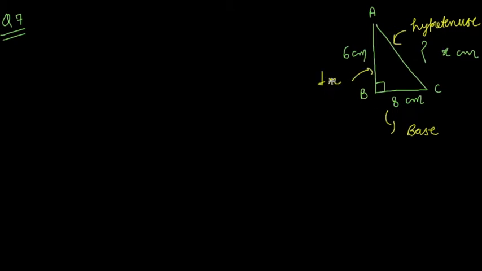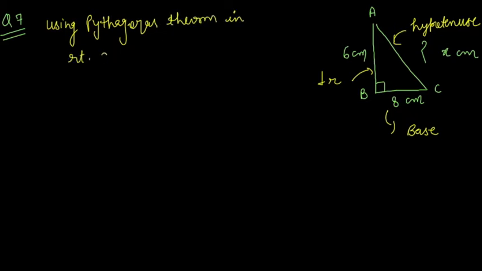This is the perpendicular. So how do we write the Pythagoras theorem? So using Pythagoras theorem in right angle triangle, that is important to mention, right angle triangle ABC.